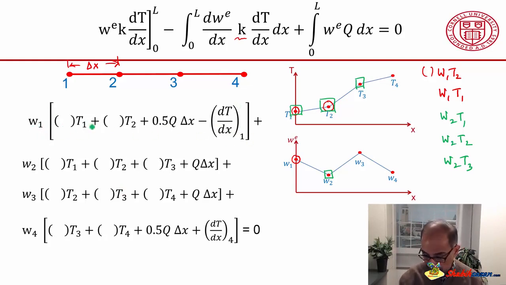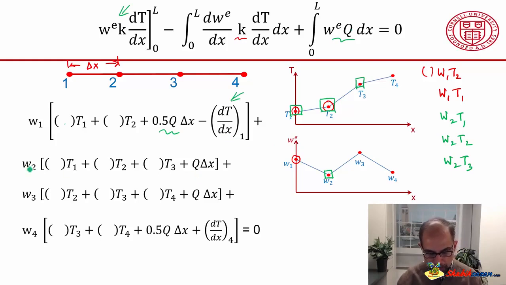Okay, W1 will multiply T1, you'll get some constant coefficient here, it'll multiply T2, so you'll get a term involving W1 from here. So that's that term here. And then this term is from here. So this term comes from there.